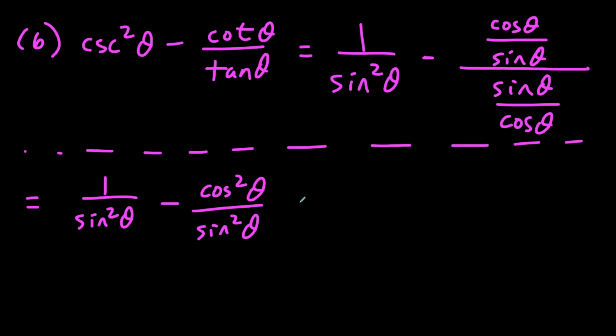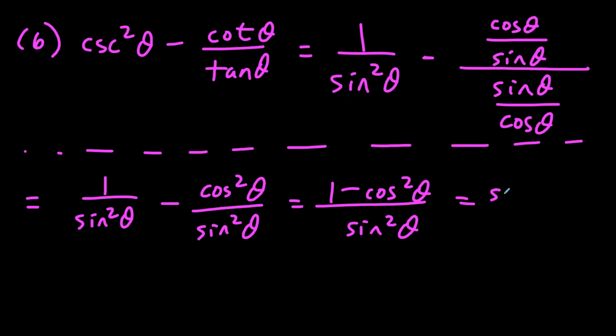Now we have two fractions that have the same denominator, so we can combine these into a single fraction as 1 minus cosine squared theta over sine squared theta. At this step, we have to recognize the identity that 1 minus cosine squared is sine squared. So this gives us sine squared theta over sine squared theta, which just cancels and equals 1. So here's our answer to 6.